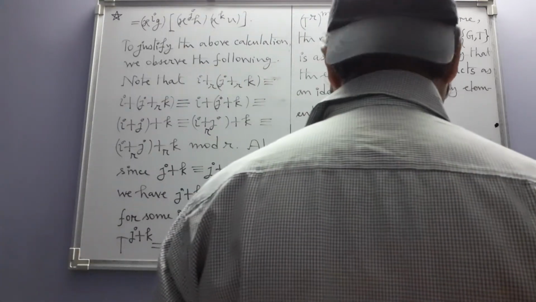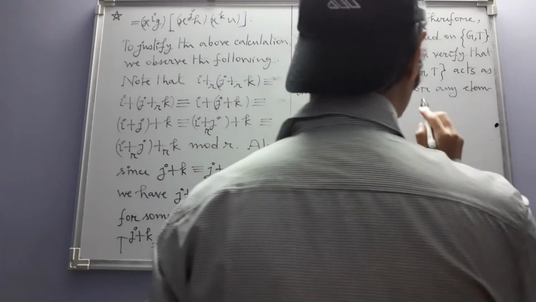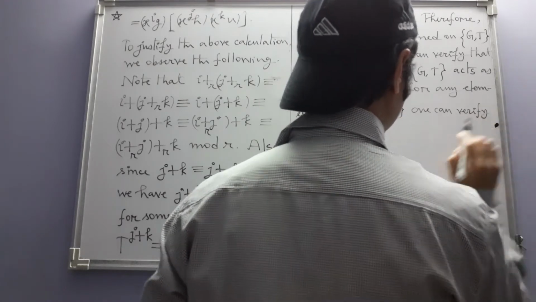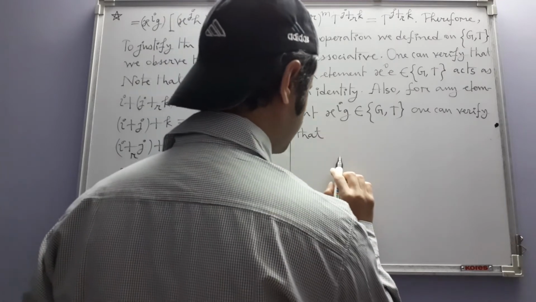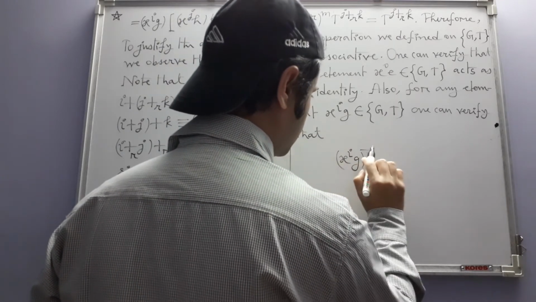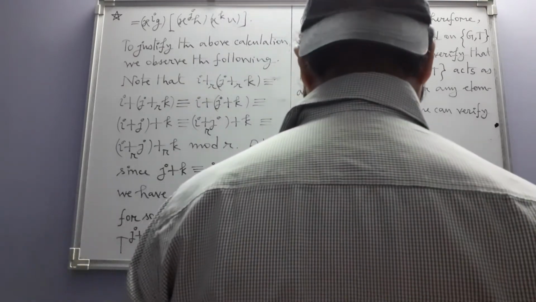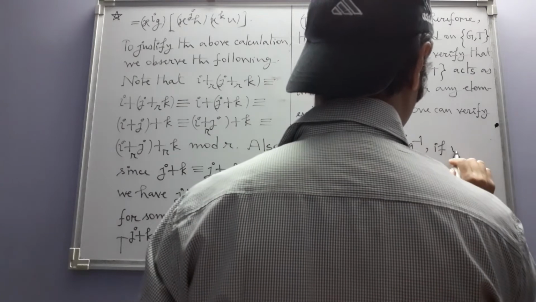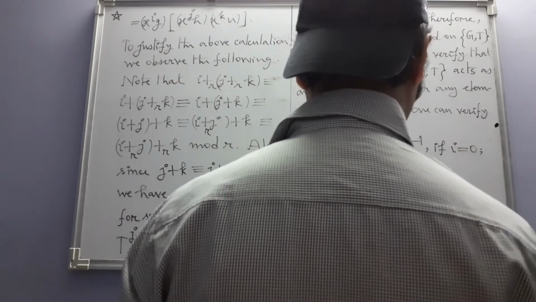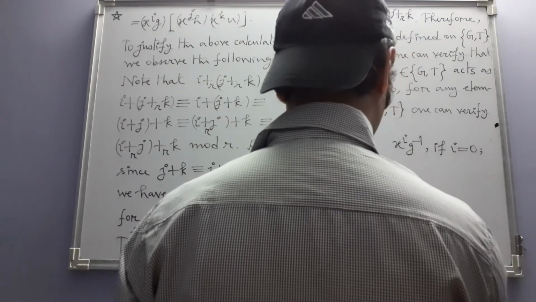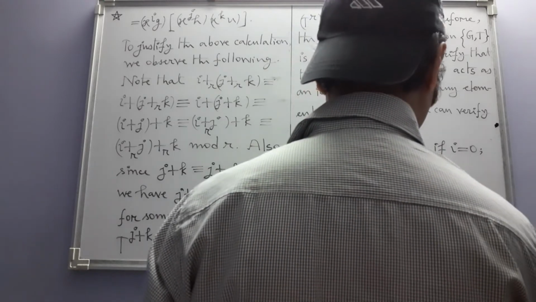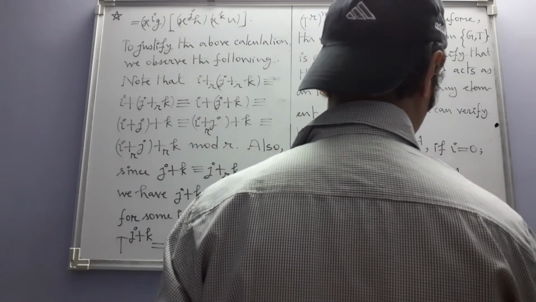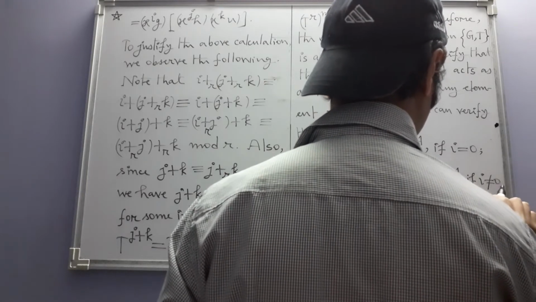Okay, so for any such element, one can verify that its inverse exists and is this if I is equal to 0, and x to the power r minus I times g t to the power r minus y inverse if I is not equal to 0.